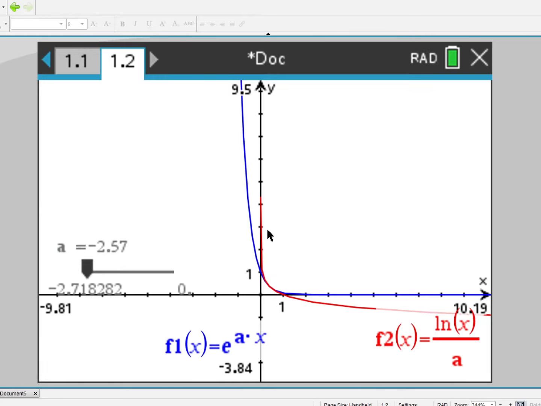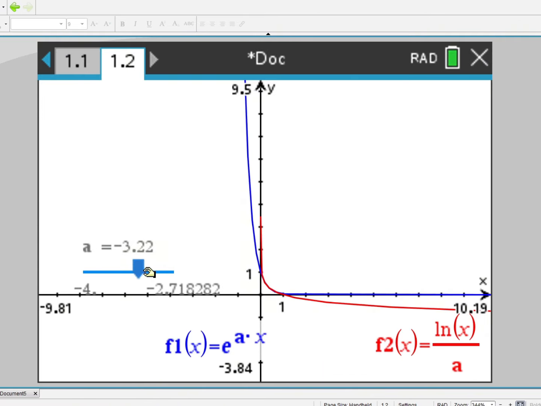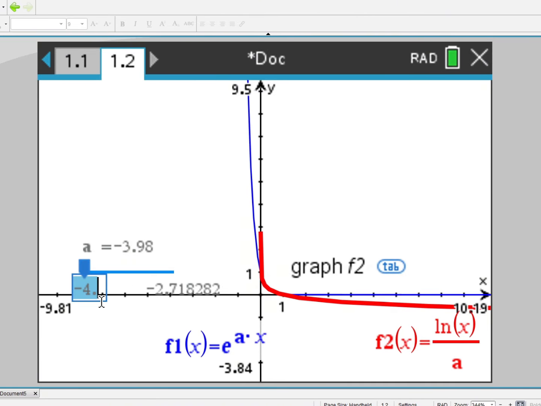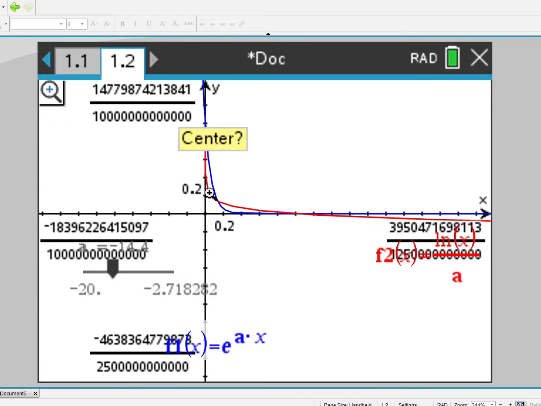And if we go more than that, negative e, like let's say negative 4, what happens? We always got 3 solutions after that. So if that was negative e, after that, yep, we got 3 solutions. And if we go like negative 10 or negative 20, yep, just 3 solutions. If you zoom in there, it's getting a little bit more. There it is. So 3 solutions, 1, 2, and 3.